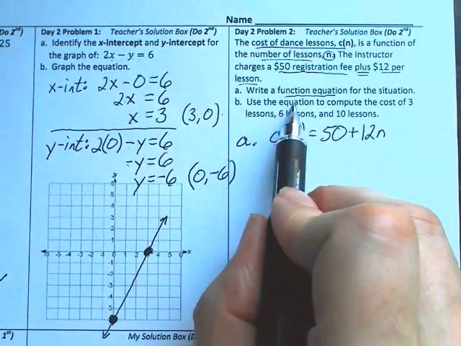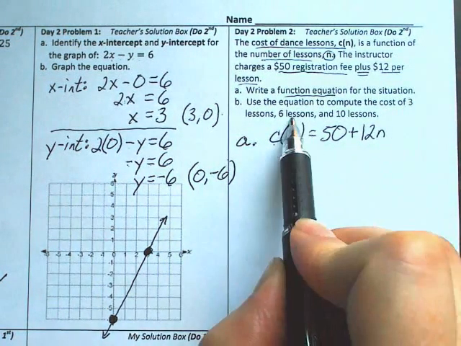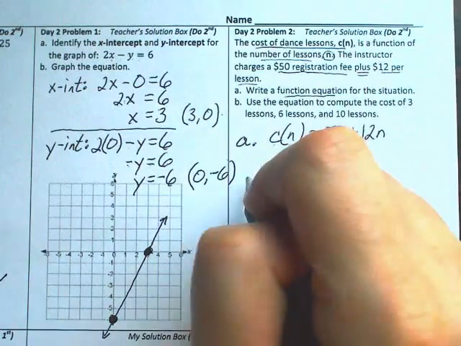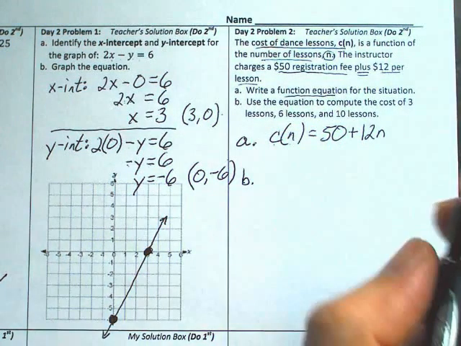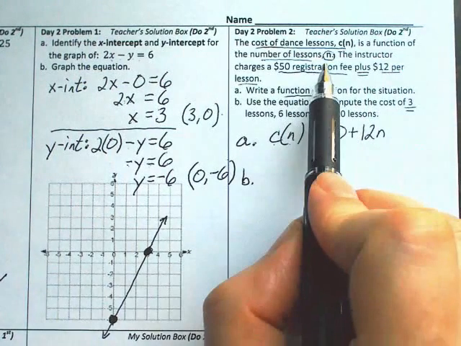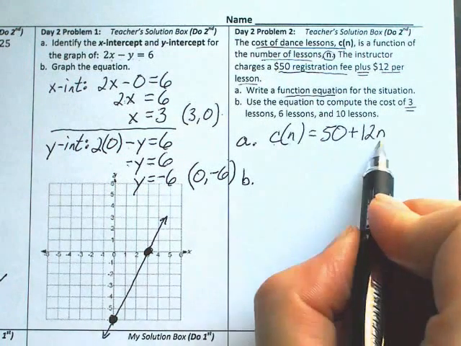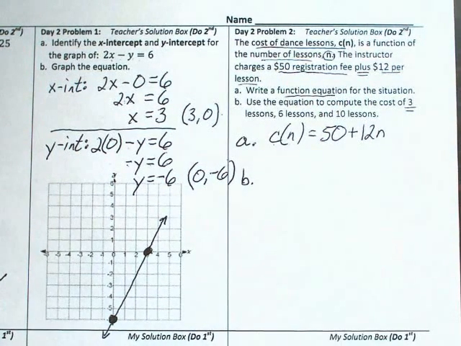Now in part B, we can use that equation to find the cost for 3 lessons, 6 lessons, and 10 lessons. Let's do that. First, to find the cost of 3 lessons, that is when the n, which is representing the number of lessons, is 3. What will this equation produce as an answer?